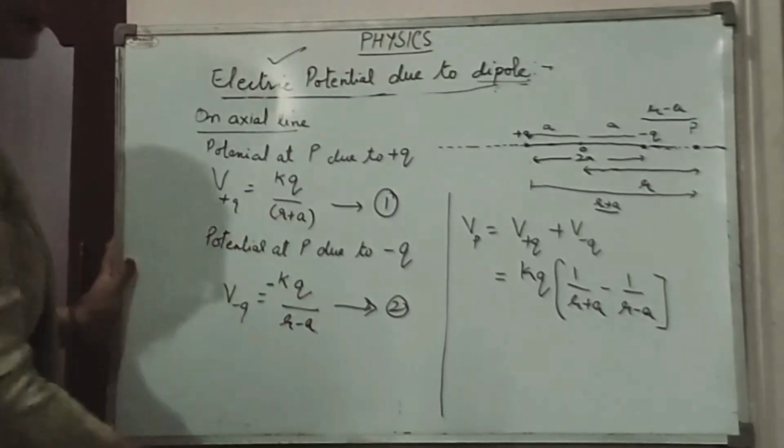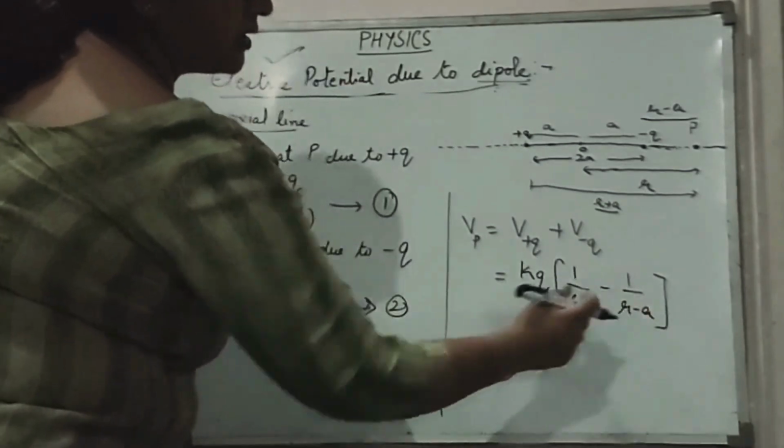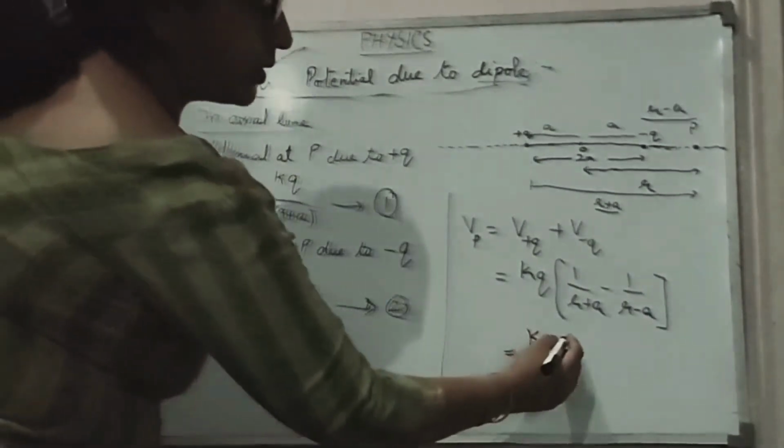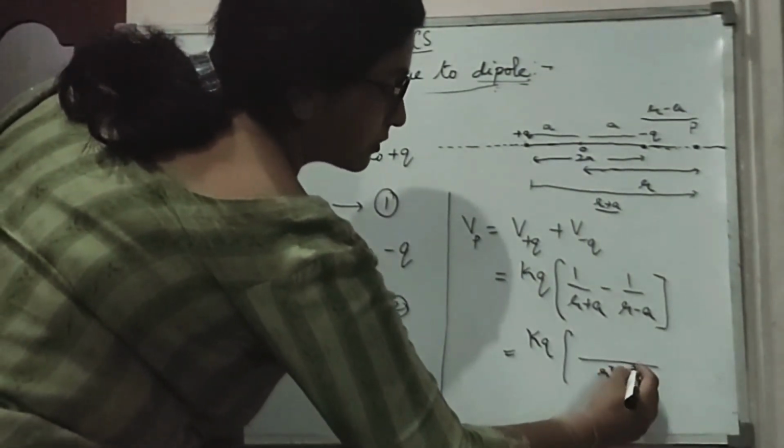Let's solve using the formula. Here take the LCM. A plus B into A minus B will be A square minus B square, so the LCM is R square minus A square.